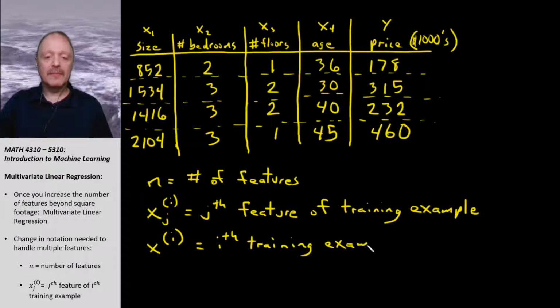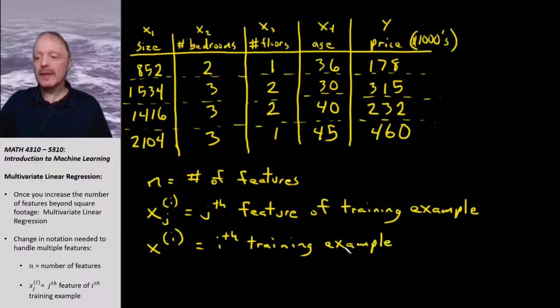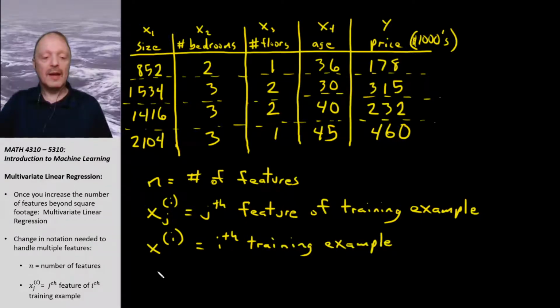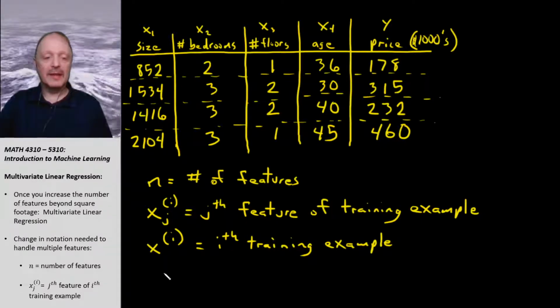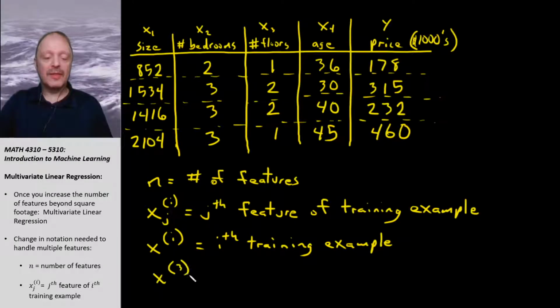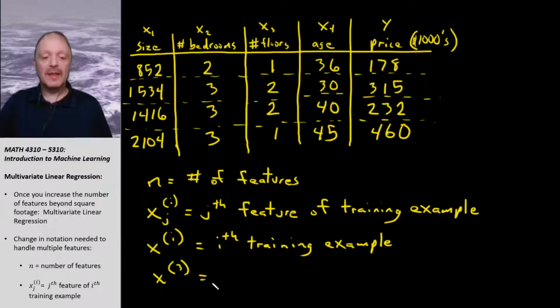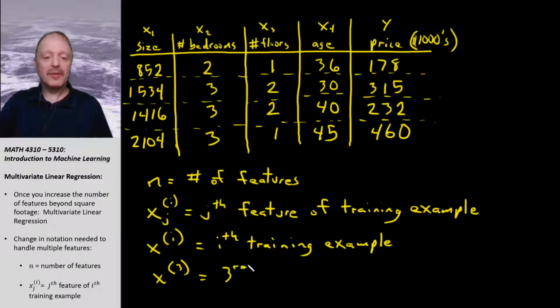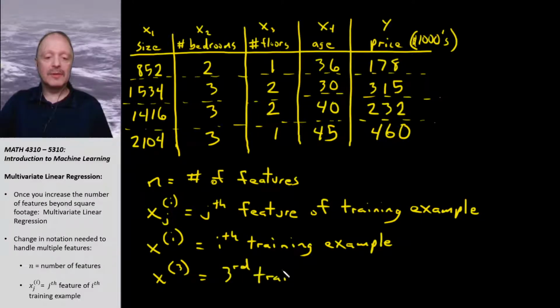Okay? Now, if I had something like x3, that would be the third training example.